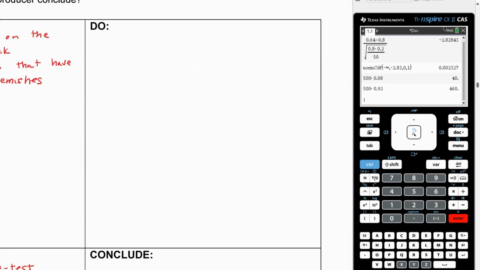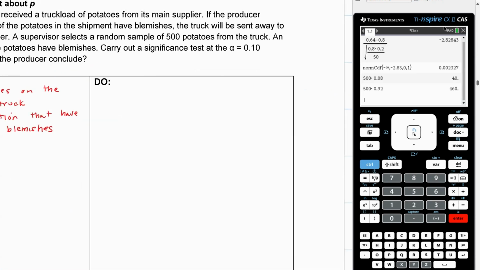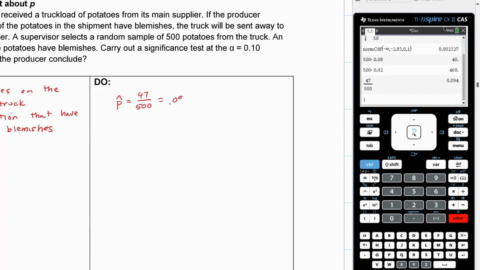In the do step, we will be finding our test statistic and our p-value. We start with the fact that our p-hat value is 47 out of 500. And 47 out of 500 is 9.4%.